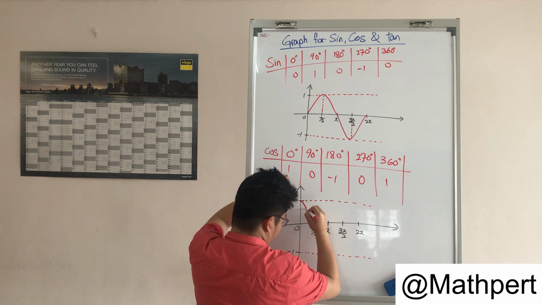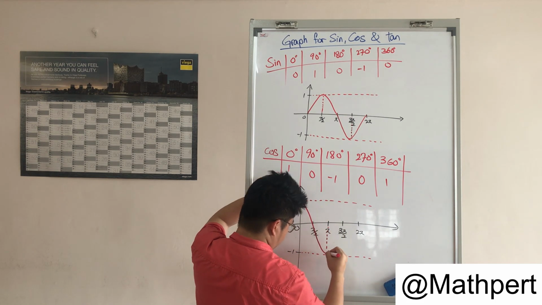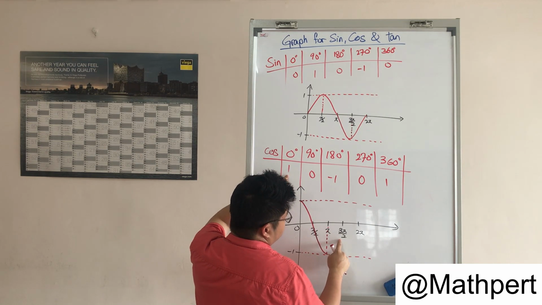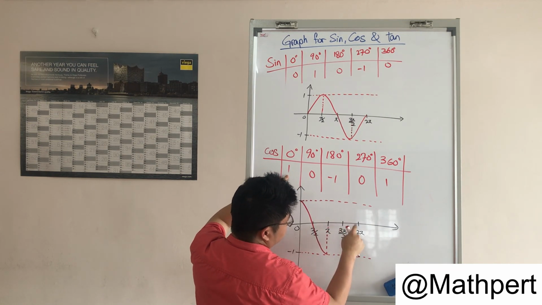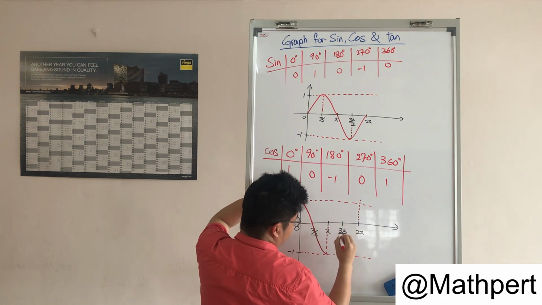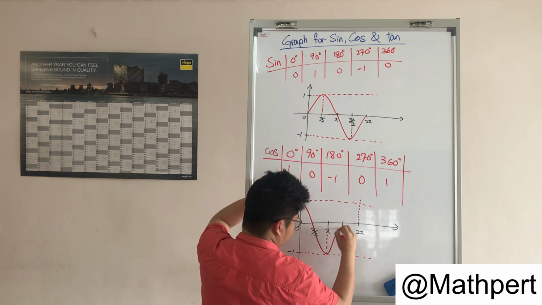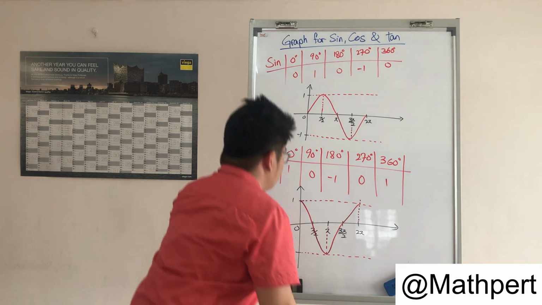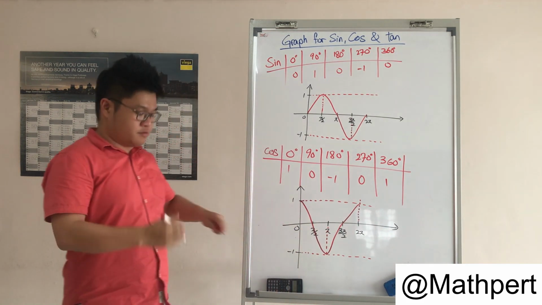Then cos 270 is 0 over here. This is 1. So this is the cos graph.